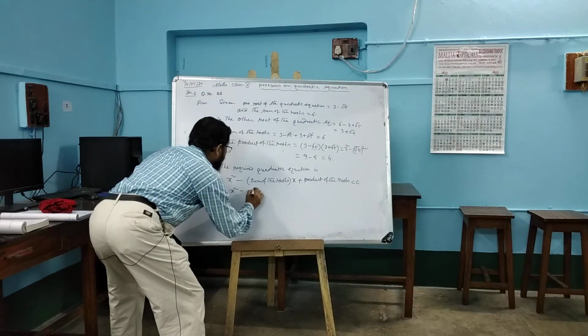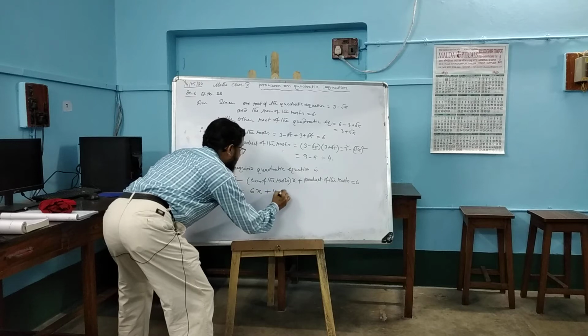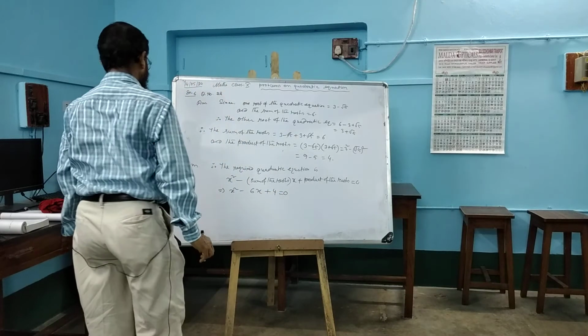This implies x square minus 6x plus 4 equal to 0.